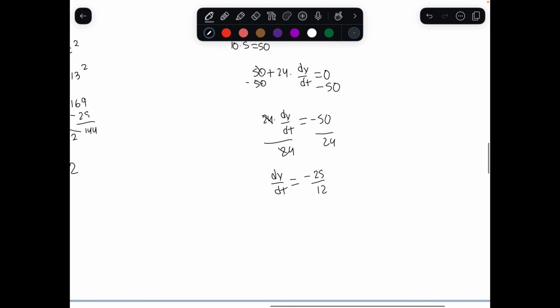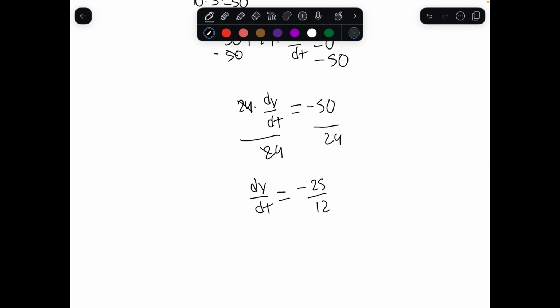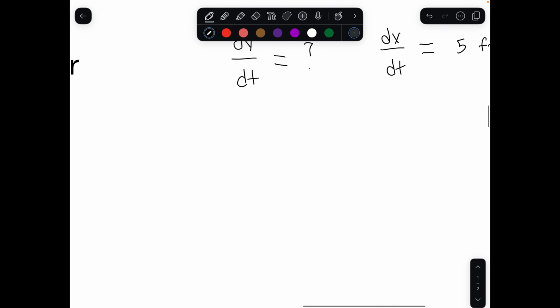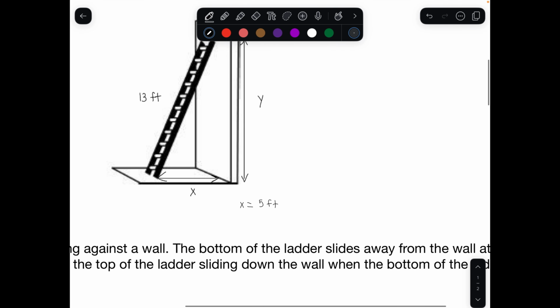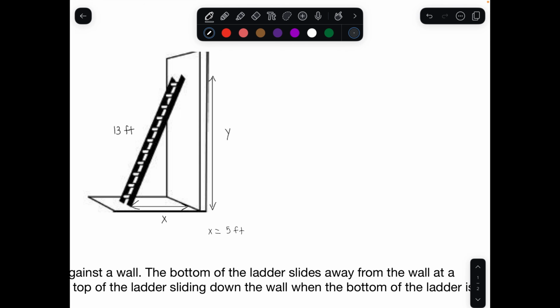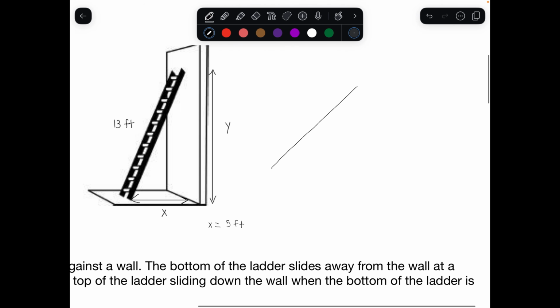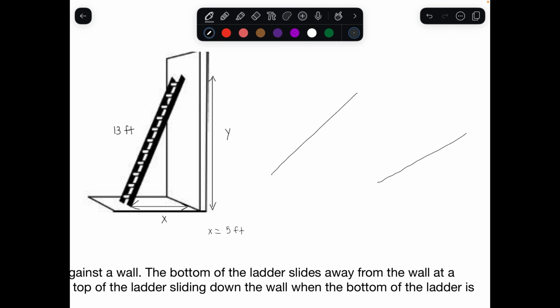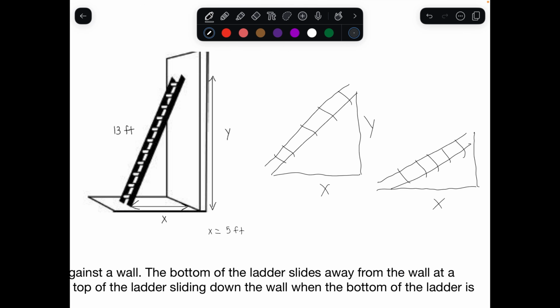And this actually makes sense because the rate is negative, and that makes sense because earlier, like I said, the ladder is going to eventually just start to look more like this, and x is going to keep increasing, and y is just going to get smaller.